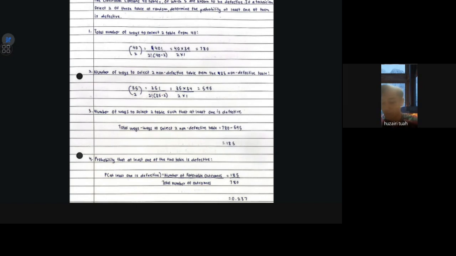Next, the number of ways to select two tables such that at least one is defective: total ways minus the ways to select two non-defective tables, 780 minus 595, and the answer is 185.